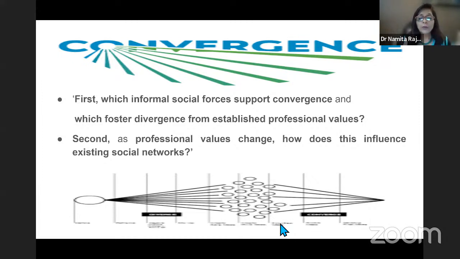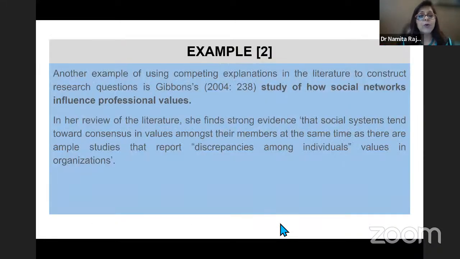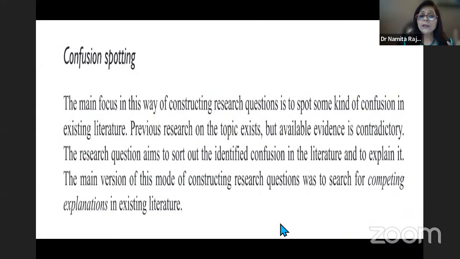So, the professional values change. How does this influence the existing social networks? So we can talk about this because we have the conflicting versions. There are different ways of addressing the research gap, of which the first I have already talked about, that is the confusion spotting.